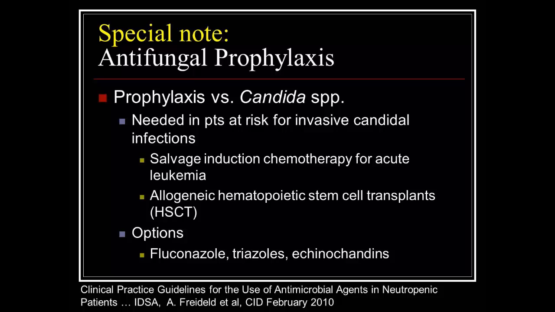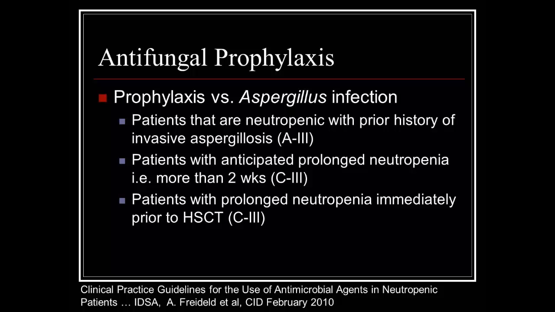If not, some programs might use echinocandins like micafungin because they're quote-unquote cleaner and you don't have to do the drug-drug interaction adjustments. In terms of aspergillus infection prophylaxis, it's indicated for those that are neutropenic with a prior history of invasive aspergillosis, because we know bugs that you had the last time you were neutropenic tend to come again when we make you neutropenic a second time.